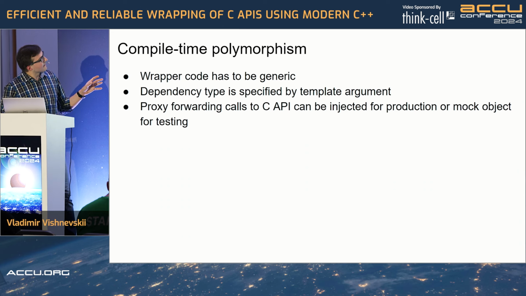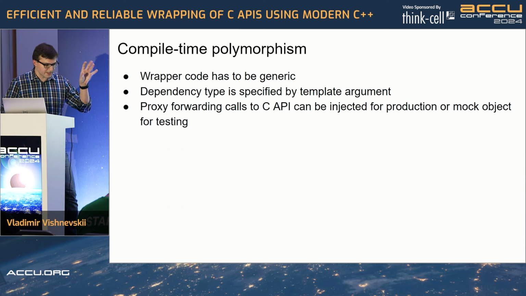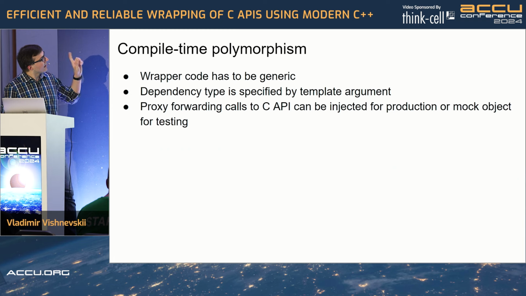We need to make our code generic in a way that it accepts some form of proxy that will be calling the dependent API, the API that we depend on. And for tests, we can substitute this proxy by the mock.